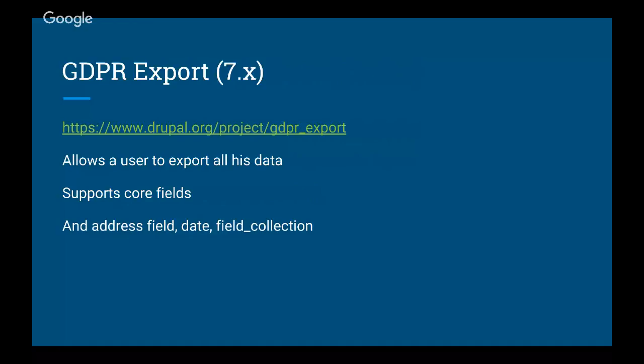And if there's possibilities of the user using his data in some other way, it should also be possible to import it elsewhere when it's been exported. But mainly the incentive is that the user should export it, and then it can handle the rest on its own. It supports the core fields and also the address field, the date, and field collection.